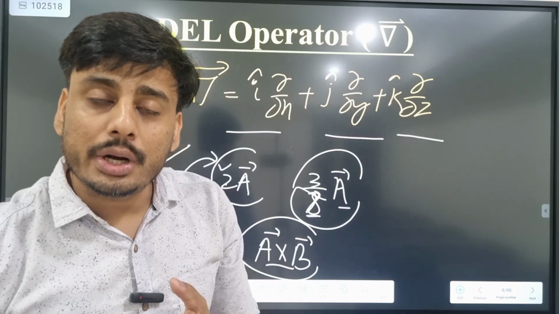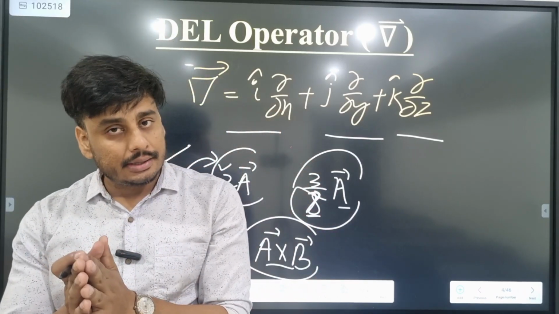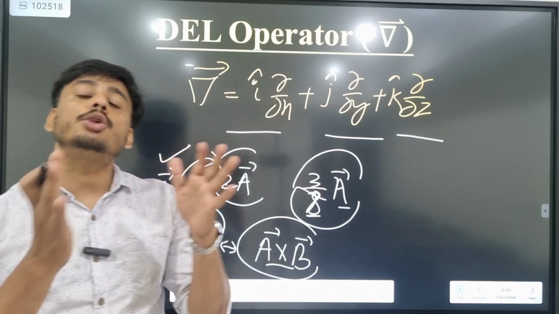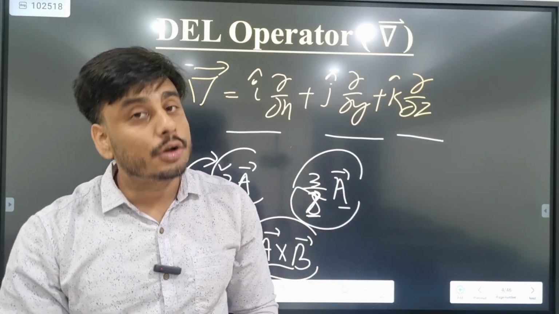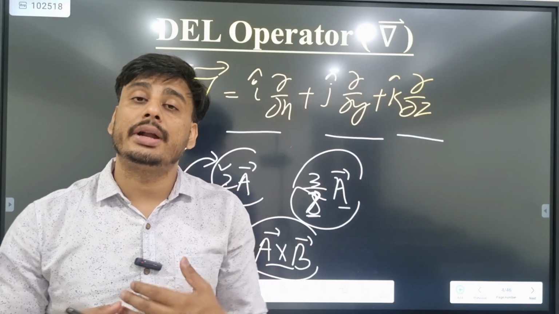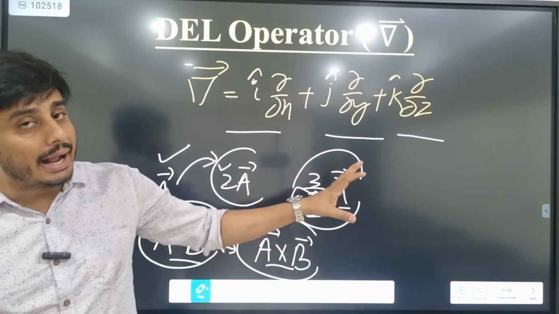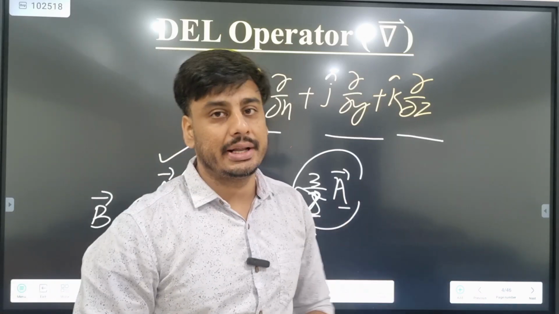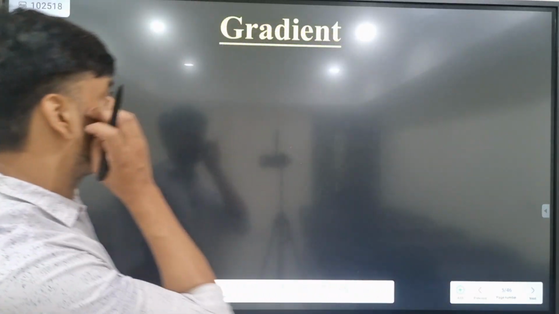Gradient is when a scalar function is multiplied with del. Divergence is the dot product of the del operator with another vector, and the cross product of the del operator with a vector is said to be curl. We are going to discuss each one of them, and also do some numericals so that you get acquainted with this type of numerical.